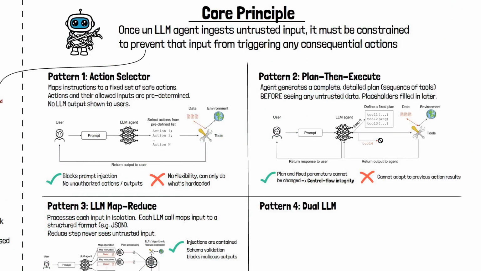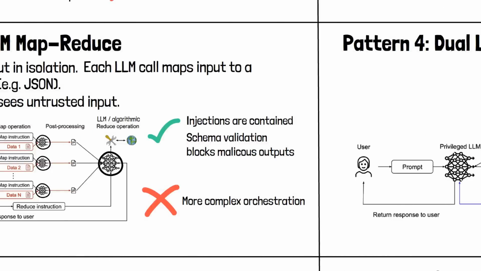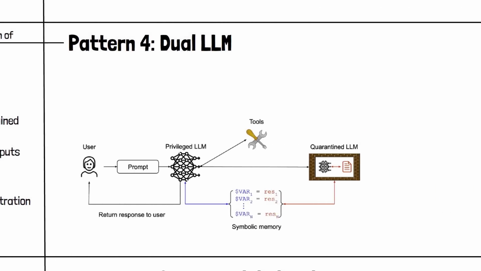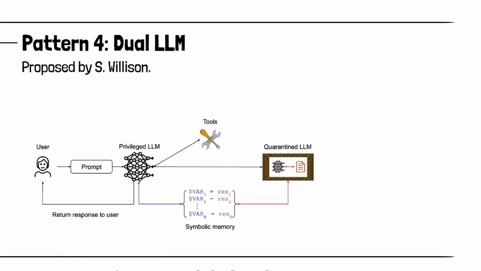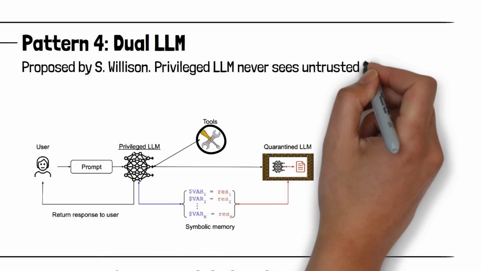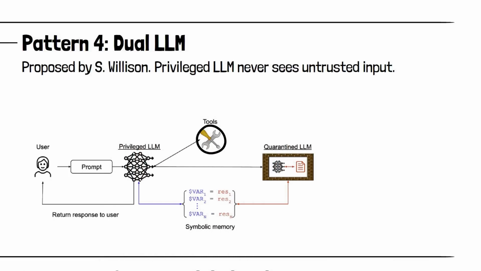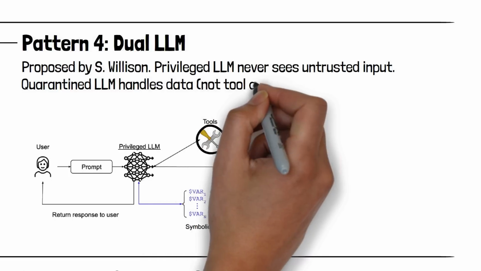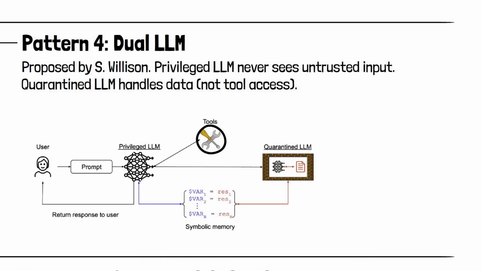The fourth pattern described is called dual LLM and is a generalization of the previous Map-Reduce pattern. It was originally proposed by Simon Willison, and it involves two LLM types: a privileged LLM that has tool access but never directly sees untrusted input, and a quarantined LLM that handles untrusted data but has no tool access. The two LLMs typically communicate via symbolic variables.